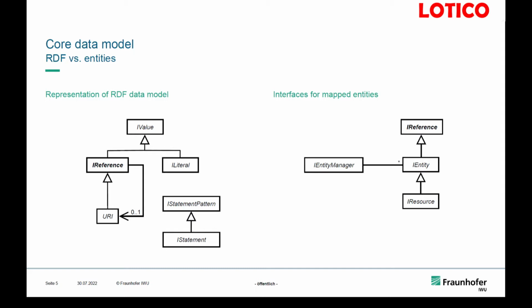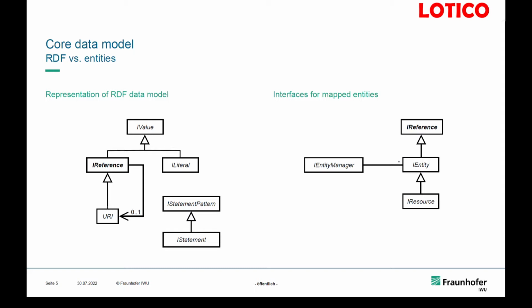On the other hand, KOMMA also has interfaces for mapped entities. A mapped entity is just called IEntity, and it's an extension of the IReference interface. Such a mapped entity has a direct association to an entity manager. A more specific interface for an entity is the IResource interface.